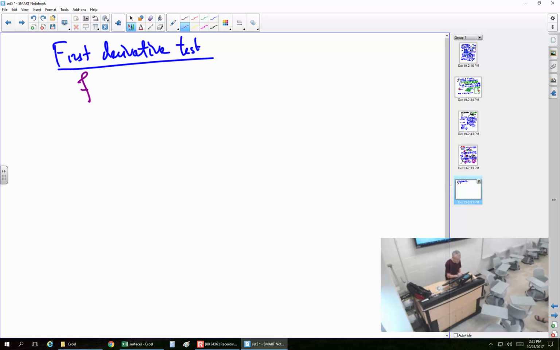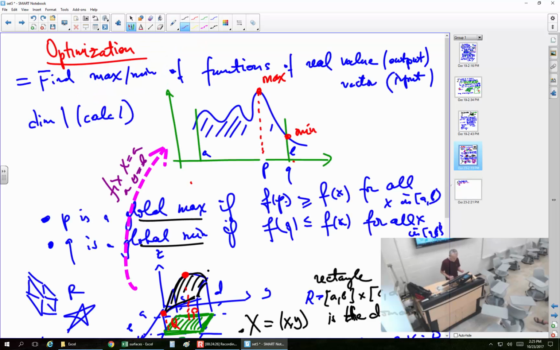So f is differentiable. Once again, we go to a function of one variable, differentiable at x equal a. Okay, then, I really run out of letters.